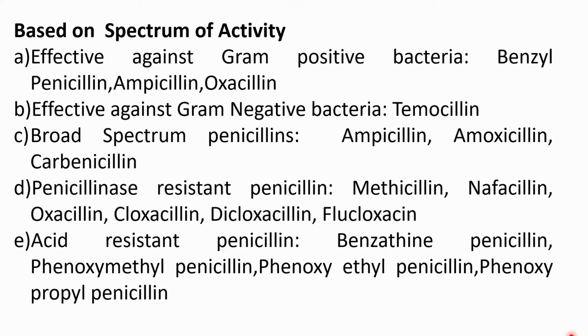Next category is acid resistant penicillin. Examples are benzathine penicillin, phenoxymethyl penicillin, phenoxyethyl penicillin and phenoxypropyl penicillin. Basically these penicillin derivatives are acid resistant, meaning in the acidic environment they cannot be degraded. As we know, in our stomach the pH is acidic in nature, highly acidic.